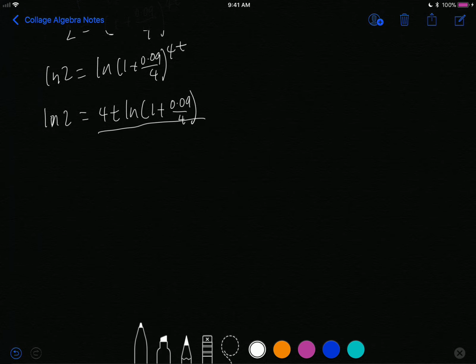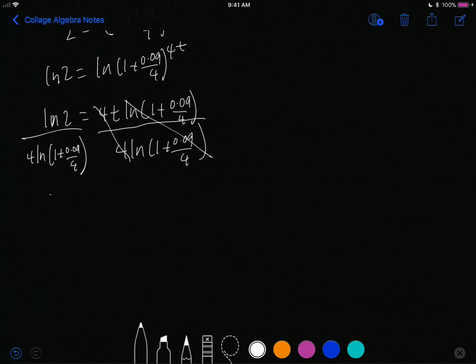And so I will divide by 4 ln of 1 plus 0.09 over 4 on both sides of the equation. So the 4's cancel out. So that means that t is equal to ln 2 divided by this happiness and joy right here.